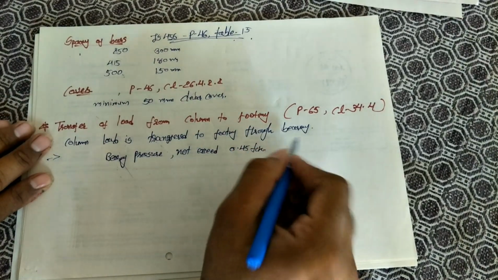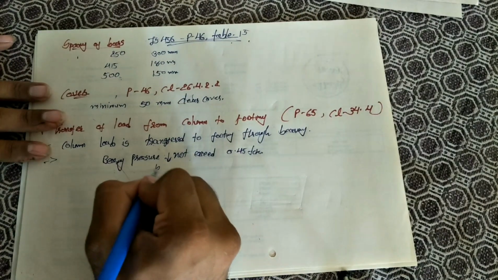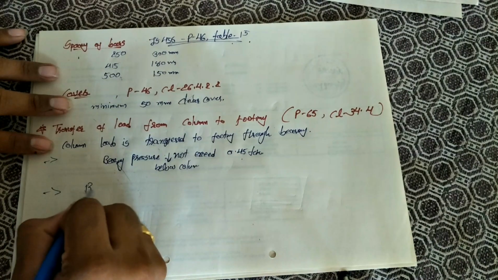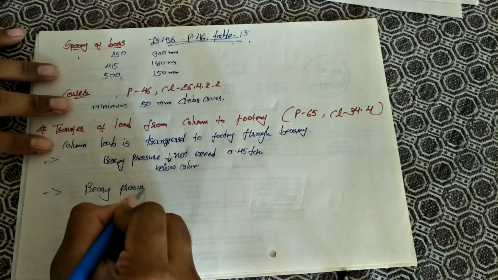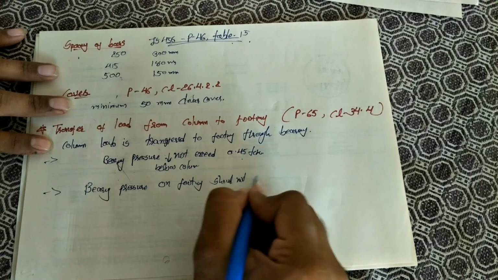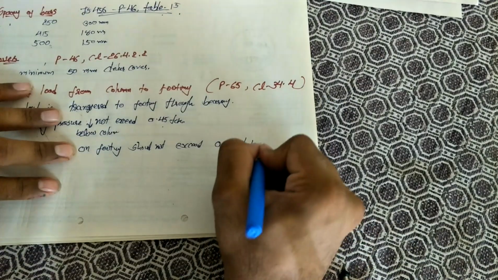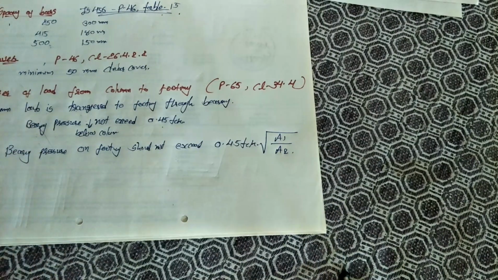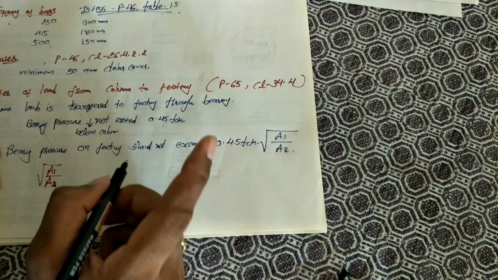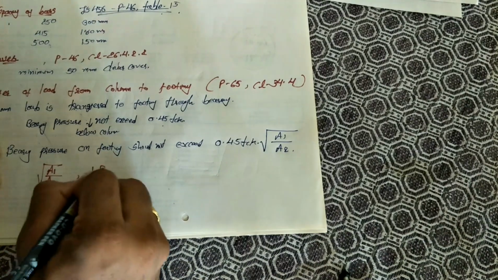And the bearing pressure on footing should not exceed 0.45 fck times root of A1 by A2, and this root of A1 by A2 should be between 1 and 2.